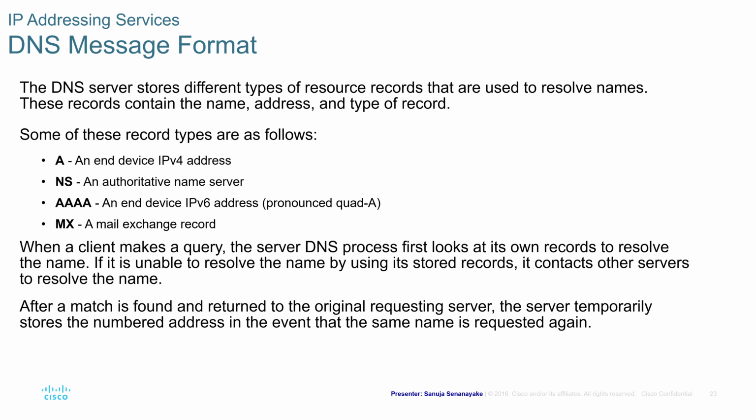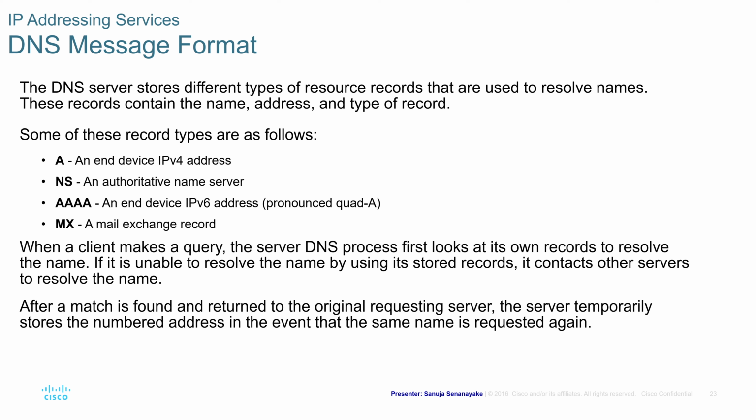When a client makes a query, the server's DNS process first looks at its own records to resolve the name. So if it finds the name within its own server, it would be able to resolve that request.